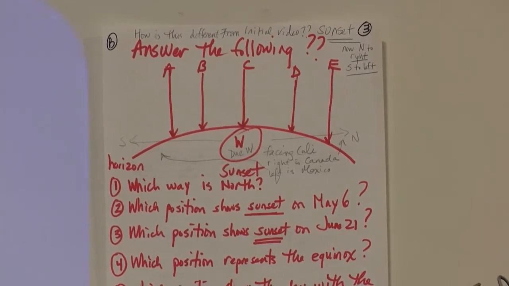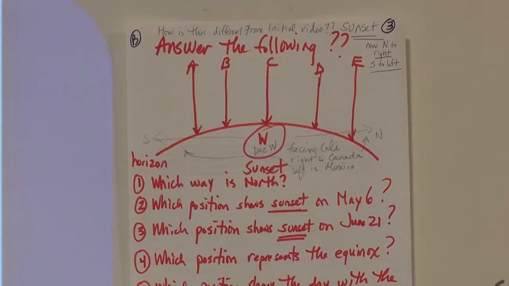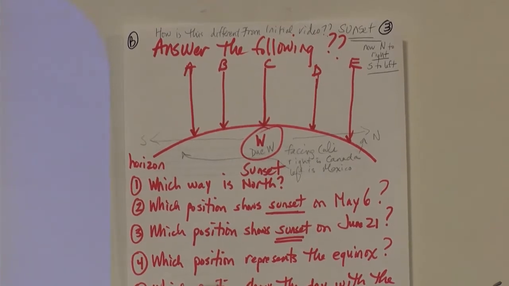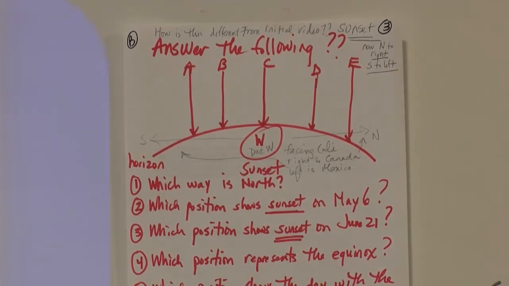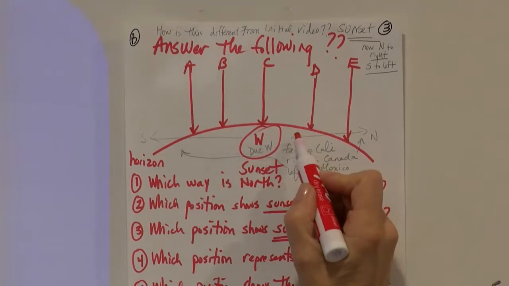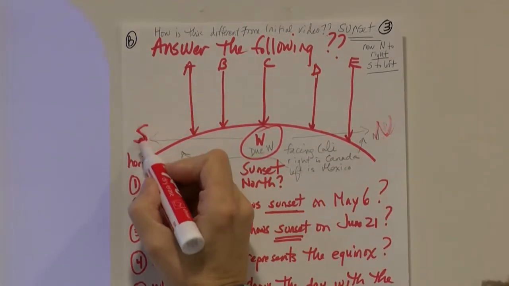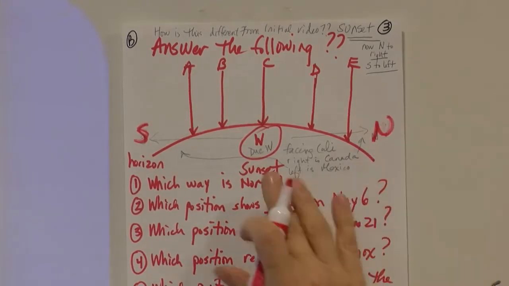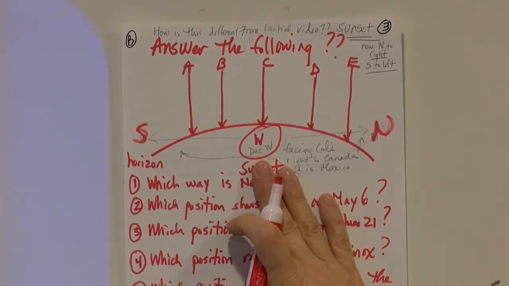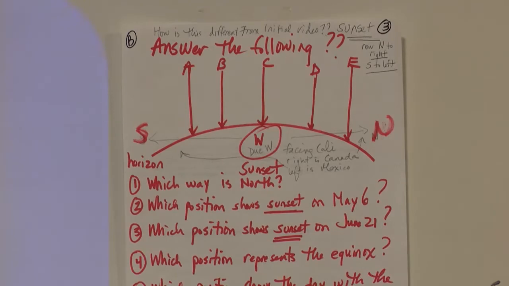Canada is to your right. Instead of north and south going like that, now we have north over here and south over here, because now we're facing west. We're looking at the sunset.